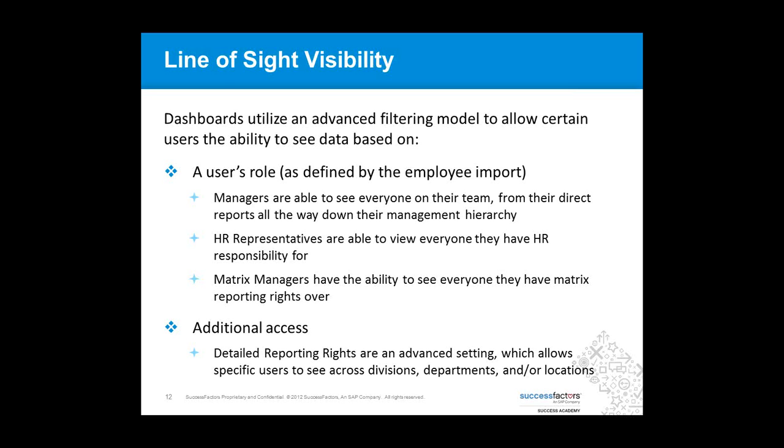Matrix managers can view data for everyone they have matrix reporting rights for, and additional access can be provided by detailed reporting rights, which will allow users to view data across divisions, departments, or locations.